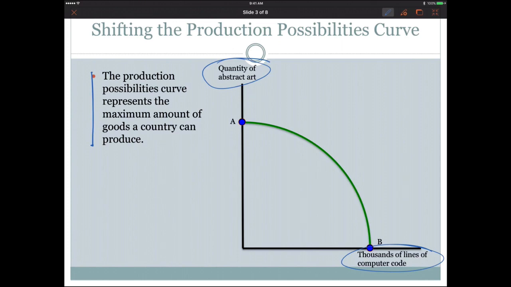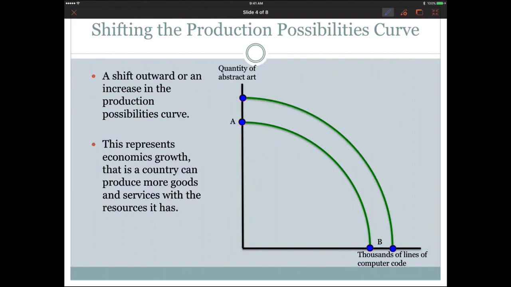The line in between the PPC curve represents all the different possible combinations if we wanted to have different values of computer code and abstract art and didn't want to have only one of art or computer code. Now, let's look at an outward shift in the PPC curve, or an increase in economic growth, and see what that would look like.